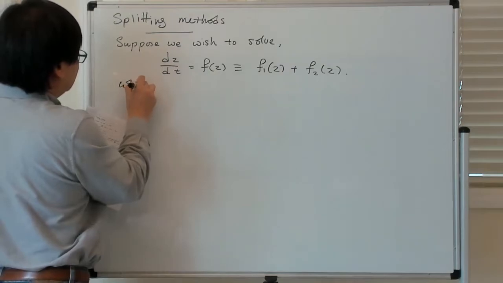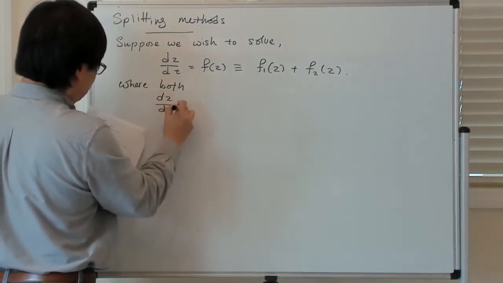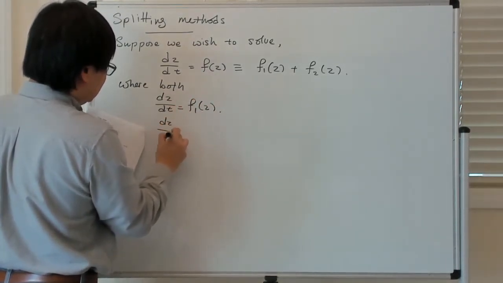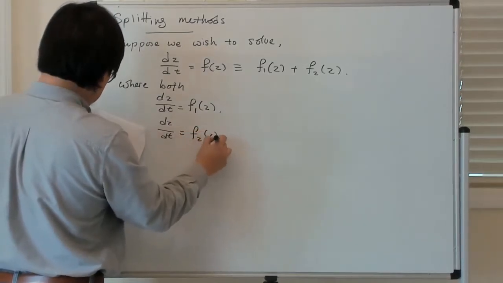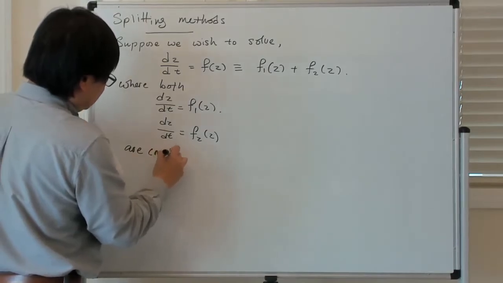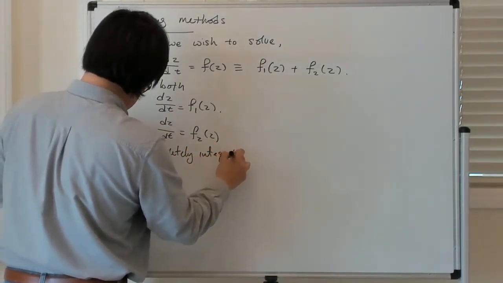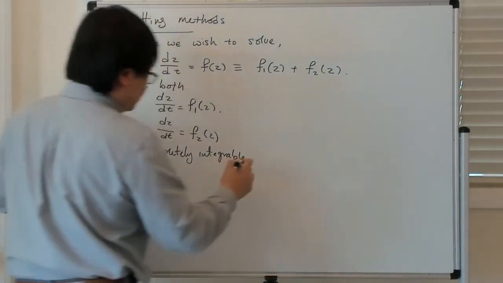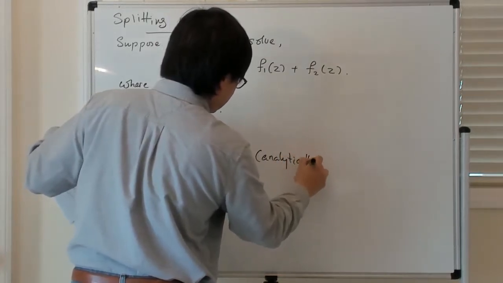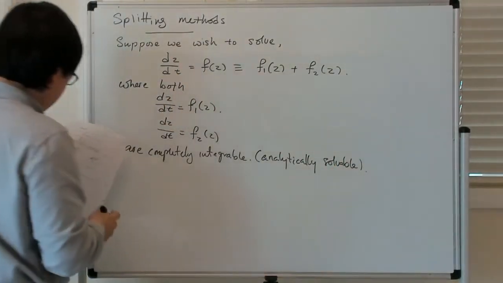Where both, let's say dz/dt equals f1 of z and dz/dt equals f2 of z, are completely integrable. Which basically means that they're analytically solvable, right? All right.